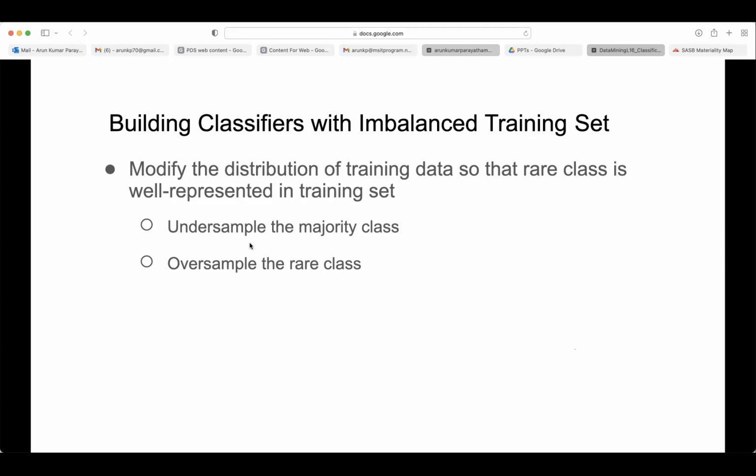It's in your toolbox, you should also include this. You should be able to tell the tool that your class, if it is a classification problem, your data set is imbalanced, and ask whether you want to take a random sample or something customized but still randomized.